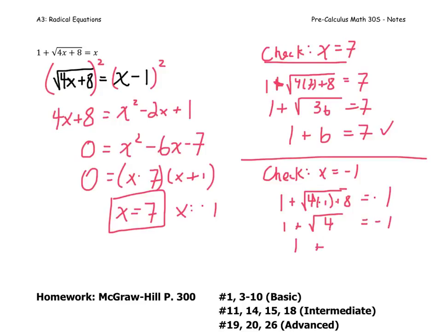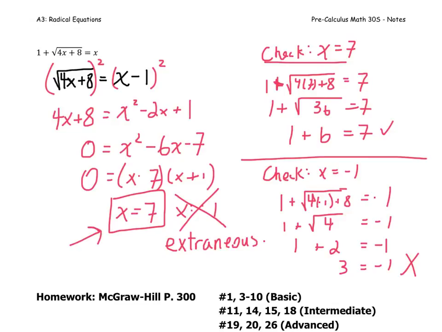That's 1 plus 2 equals negative 1, and so therefore 3 equals negative 1. That's not true. 3 doesn't equal negative 1. So in fact, this solution is what we call extraneous. It's a false positive. The only solution is x equals 7.